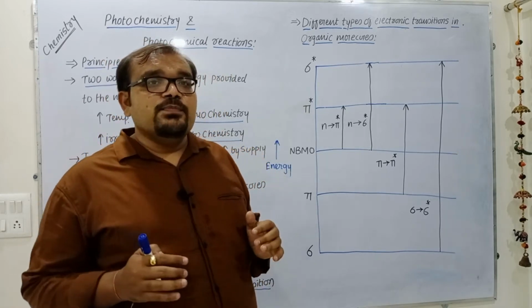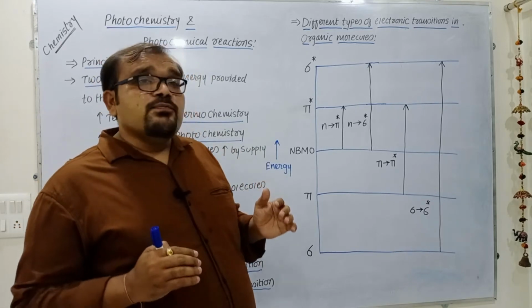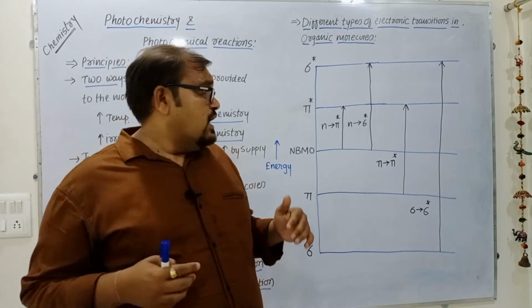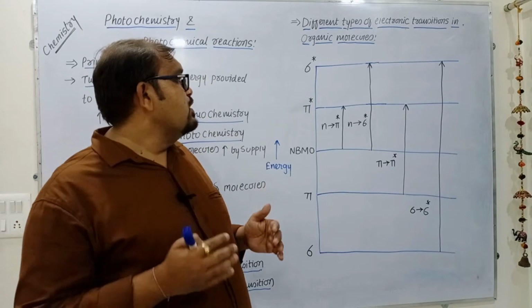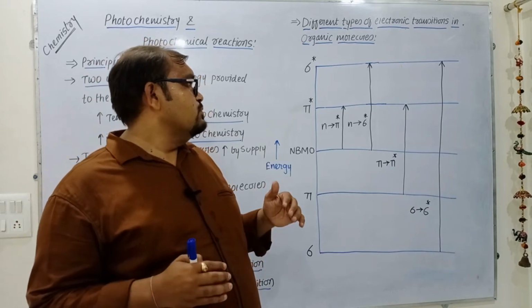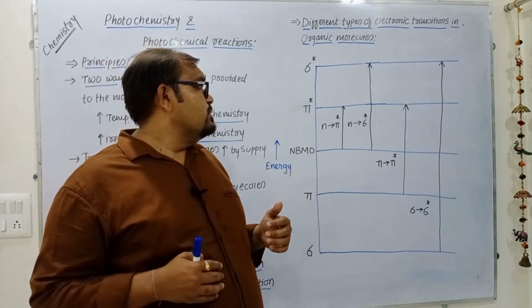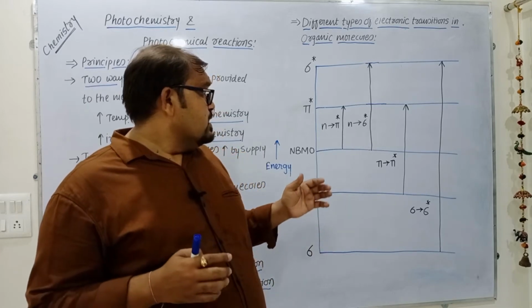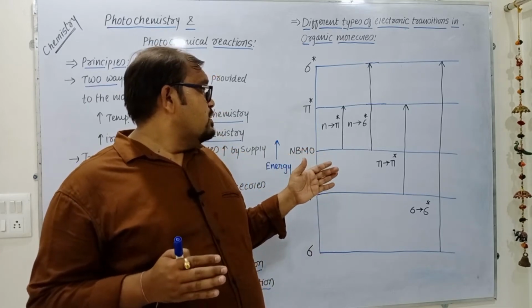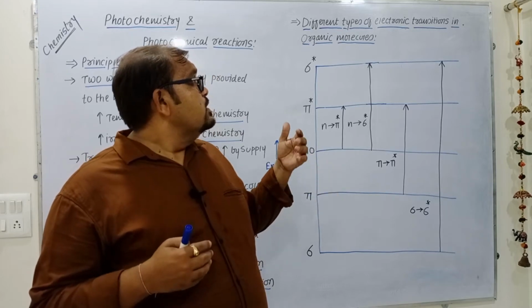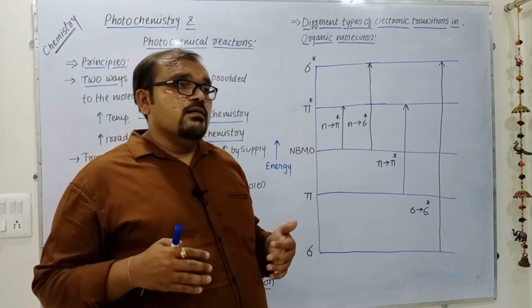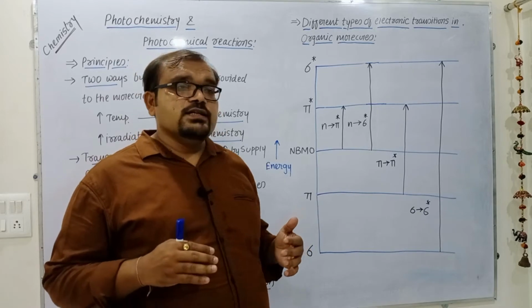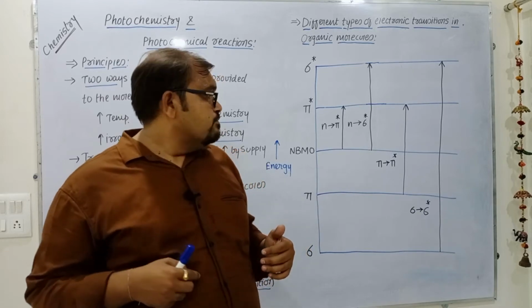There are four possible transitions: from non-bonding molecular orbital to pi anti-bonding molecular orbital, that is n to pi star; then non-bonding molecular orbital to sigma anti-bonding molecular orbital, that is n to sigma star.